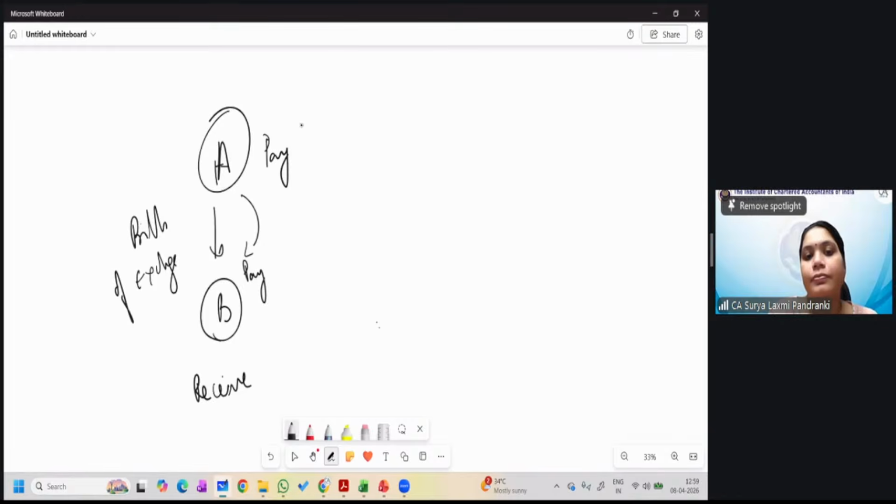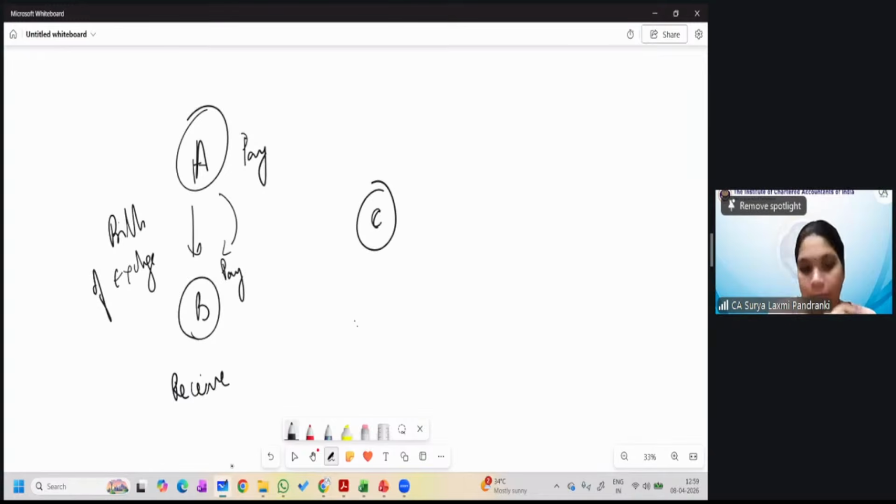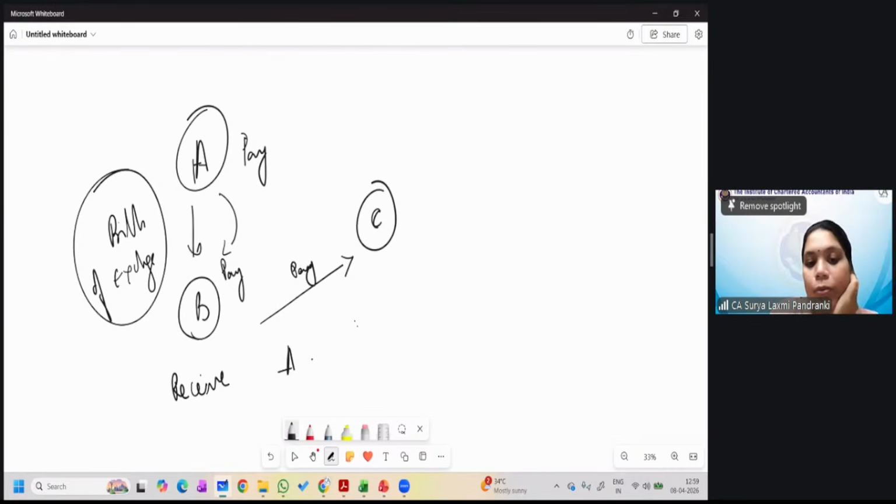This is clear. Now, let us assume there is a person C. Let us assume B has to pay some amount to C. Then what I will do is endorse this bill to C. So what is happening? A will pay to B and then B has to pay to C.